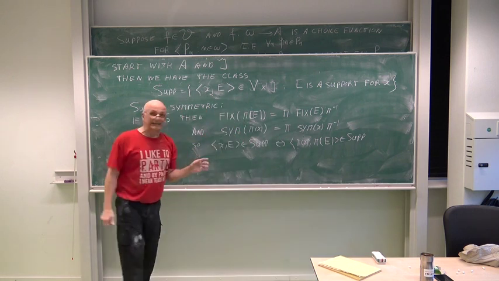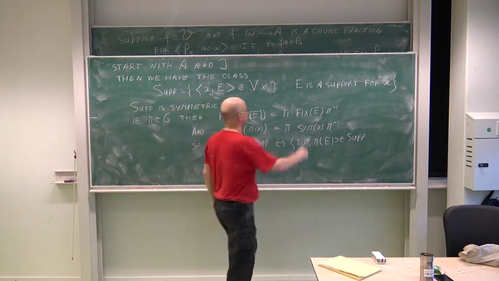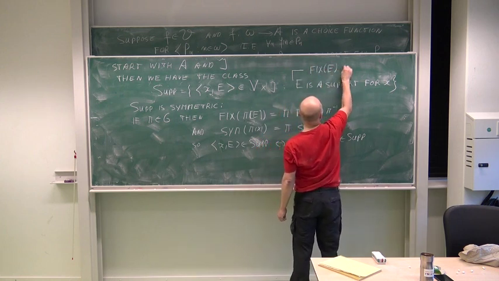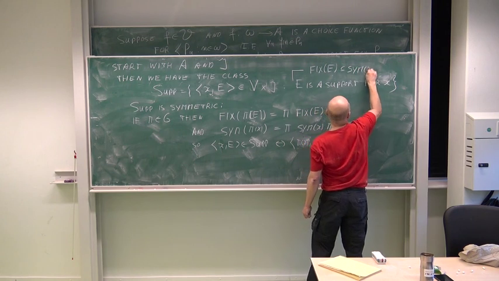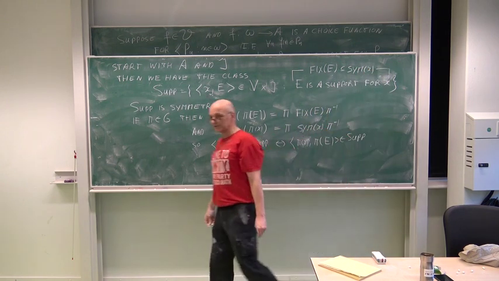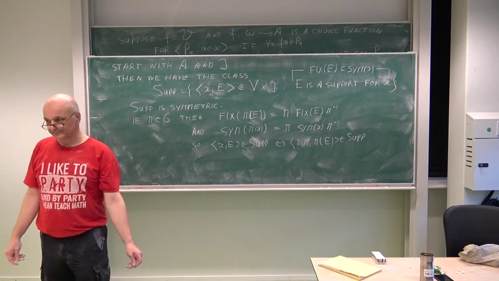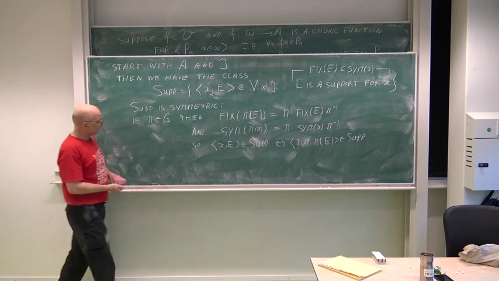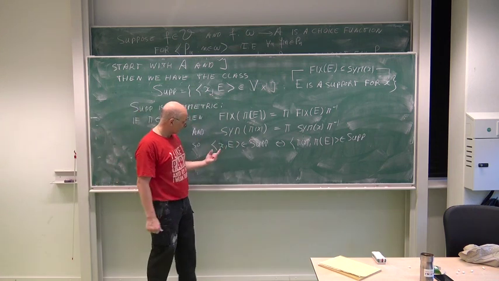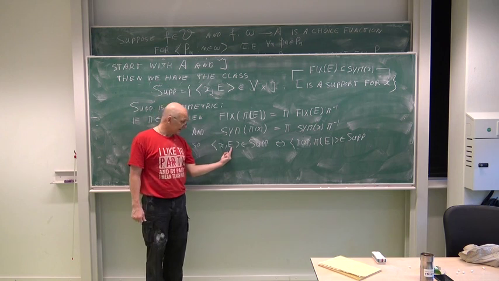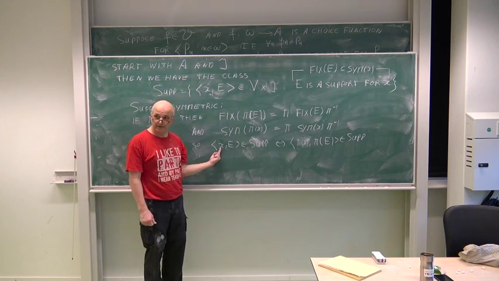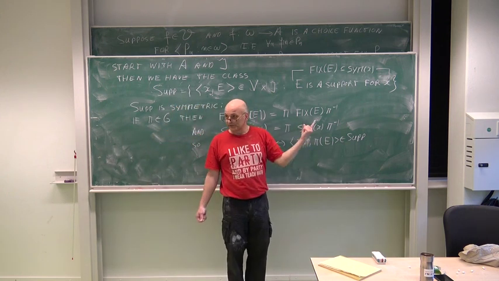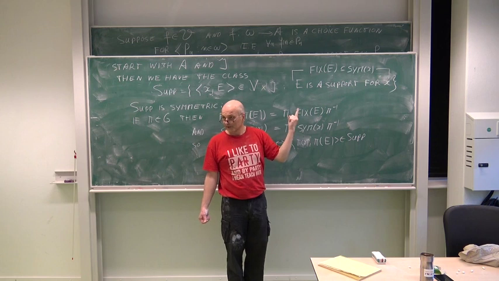Because E is a support for X has an easy definition. It's just a subset relation between the two groups. And so if E is a support for X, then the fix of E is a subset of the sym of X. But if I do the conjugation bit, it preserves the subset relation. So there, back and forth.